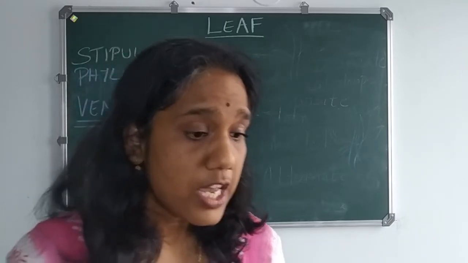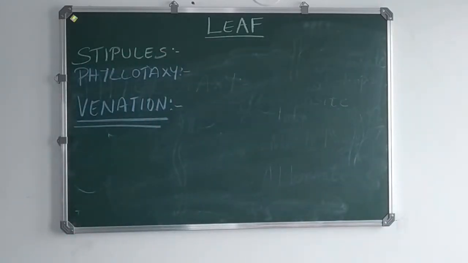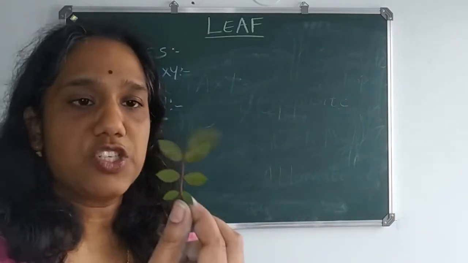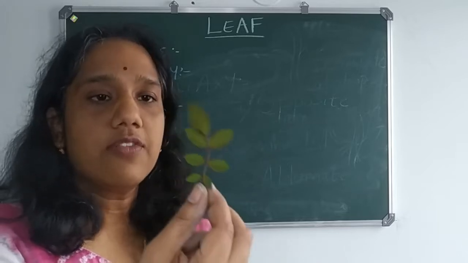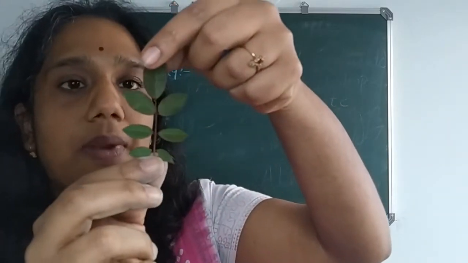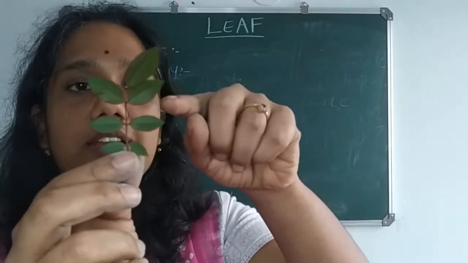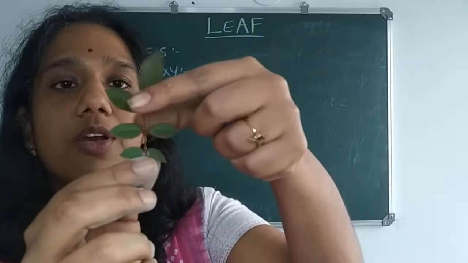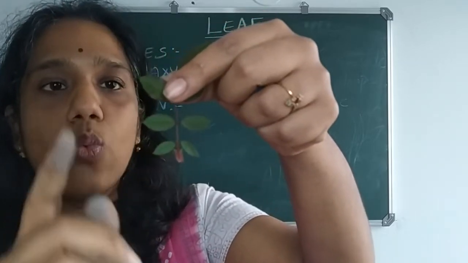Suppose I give you an example of the rose flower which we studied for the adnate stipules. Even though the leaf is wilted here because I have plucked it from the plant, you can still see the other leaf standing straight, correct? Why is the other leaf standing straight? Because of the presence of the veins and the veinlets.